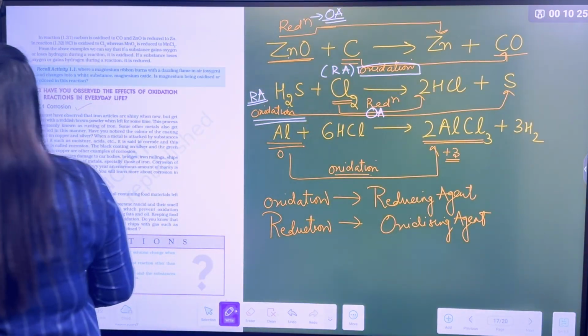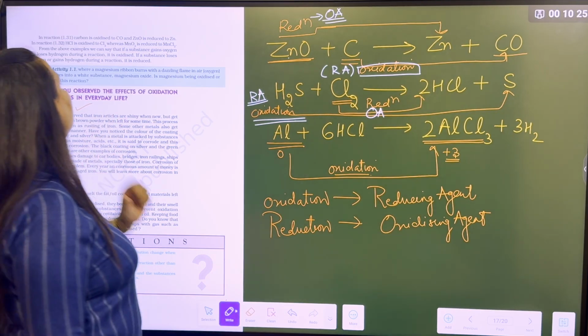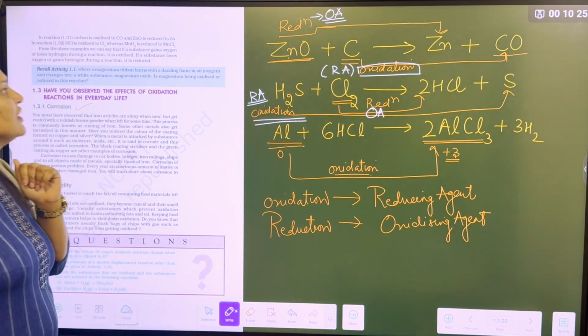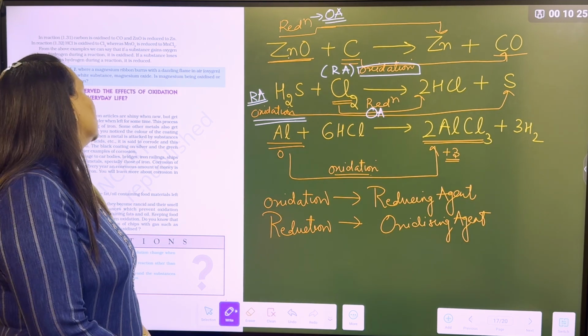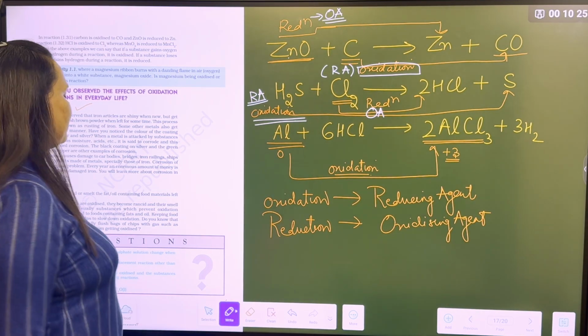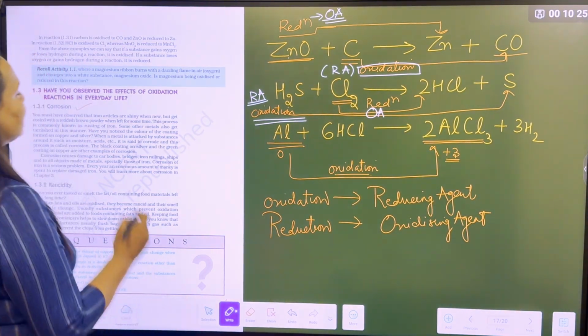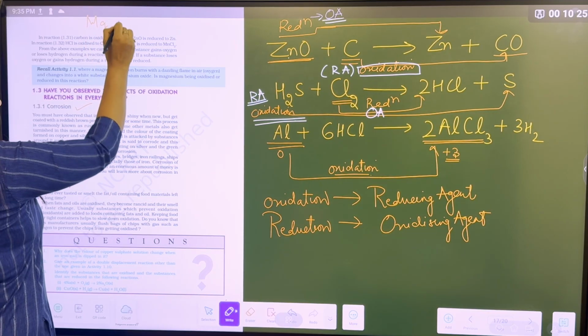Corrosion. Oh, before that there is one activity. Let's see what the activity is. A magnesium ribbon burns with a dazzling flame in the air and changes into white powder, magnesium oxide. Is magnesium oxidized or reduced? Good question. Magnesium burns with oxygen.